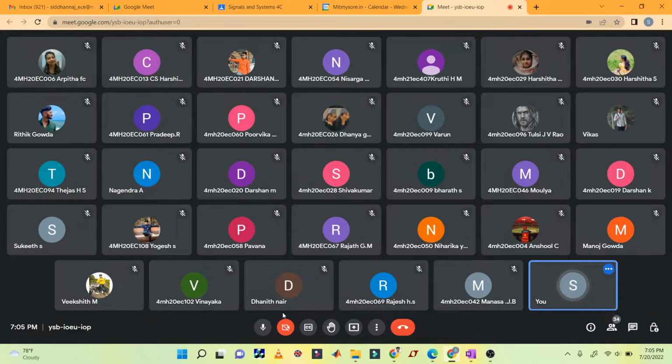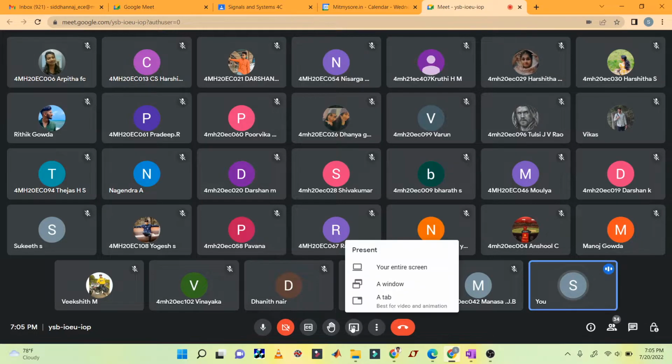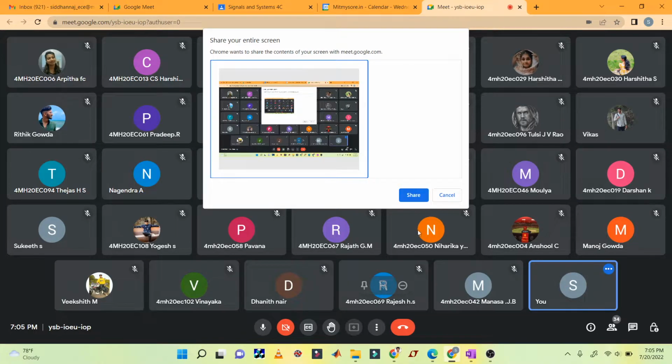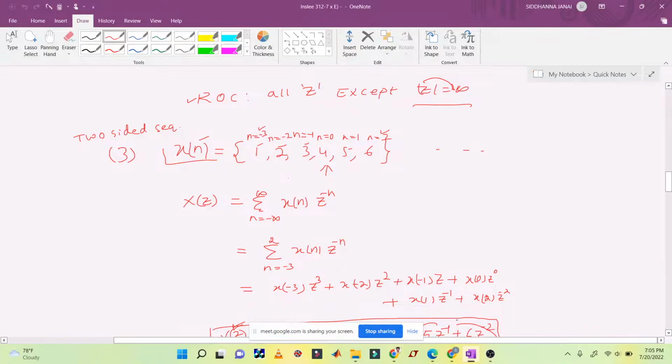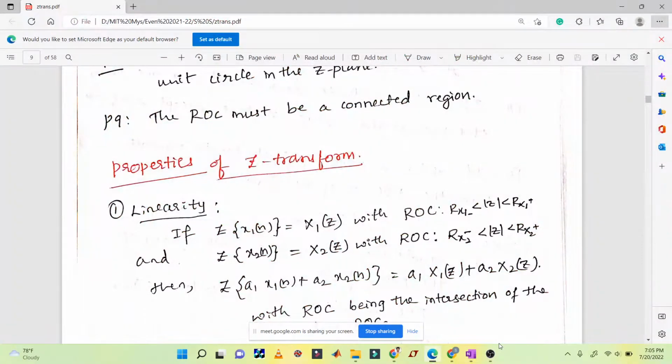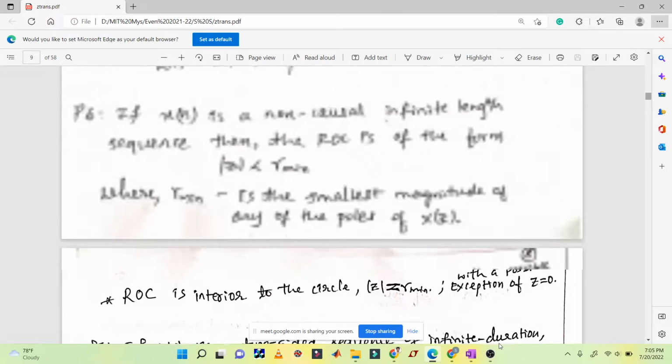So we have discussed these transforms. After that, we have discussed the ROC properties. There are 9 properties which we have listed.